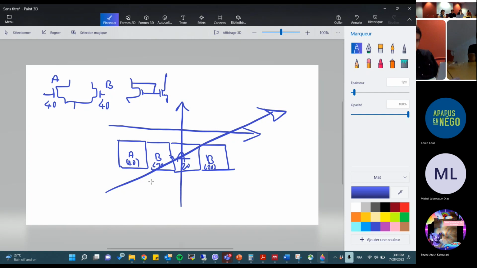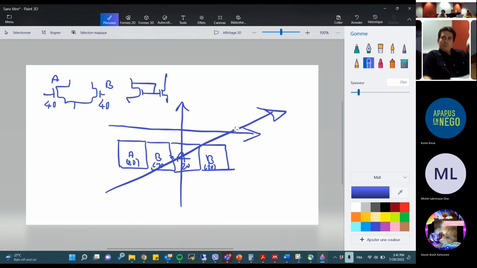I was going to talk about that. Now we are talking about why, if we merge two differential pairs, it will be matched or not, whether it will be symmetric or not.